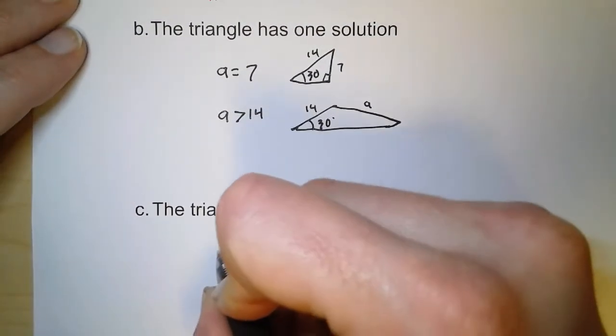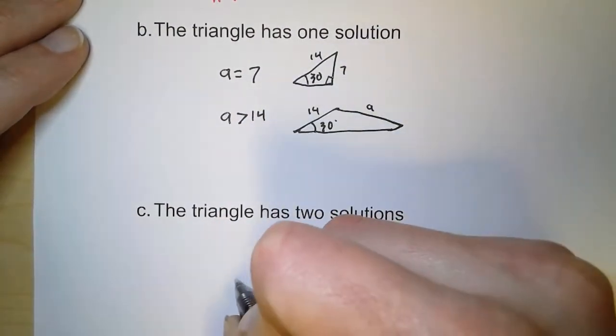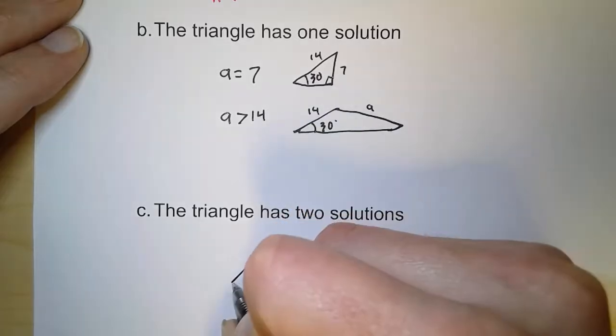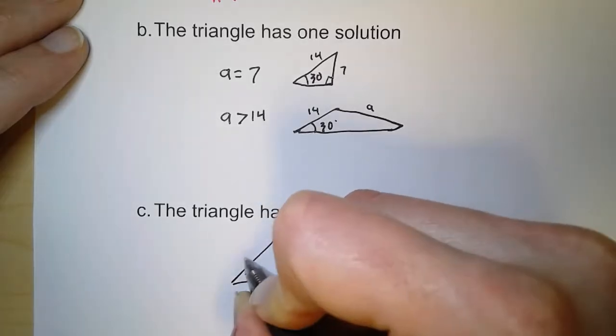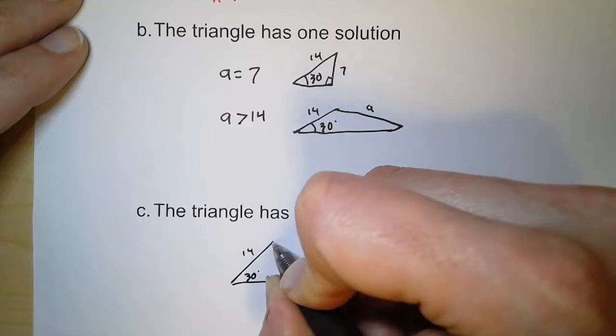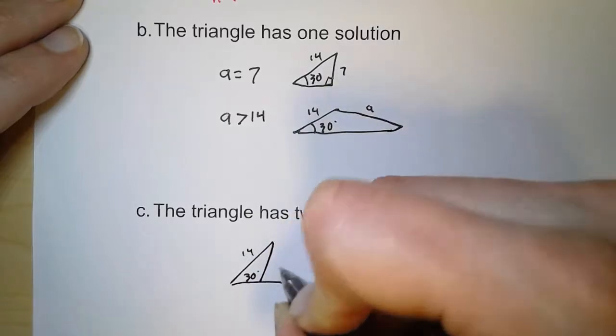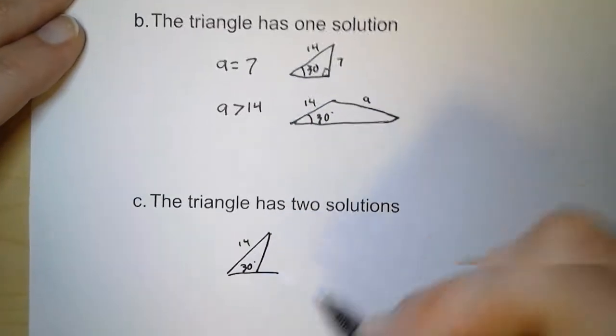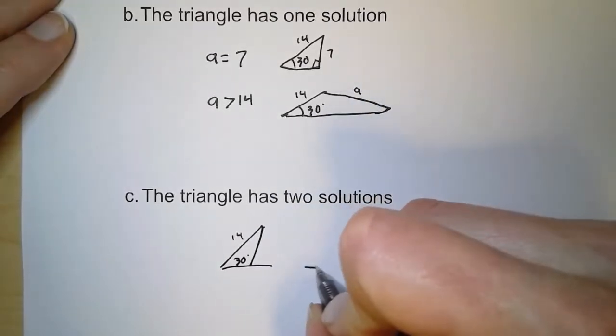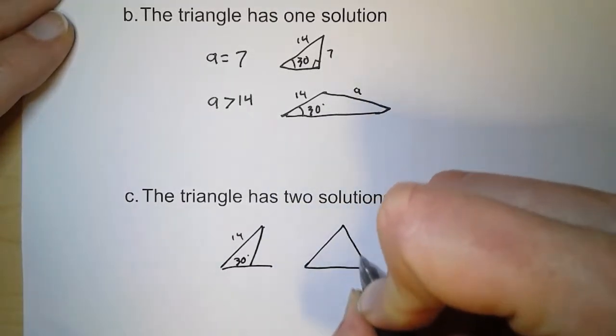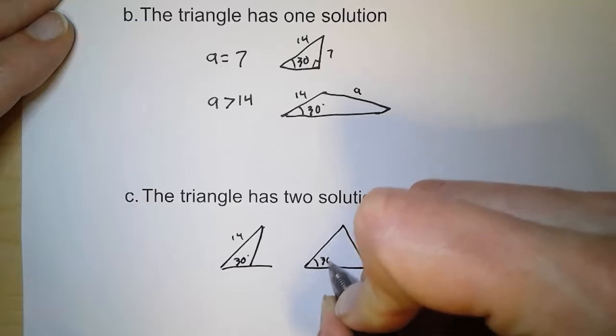So here, that means if a is something like this, so here's 30 degrees, here's 14, and what if we drew it here? That could work. Or we could draw it like this. That could work.